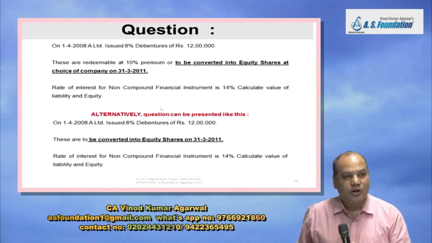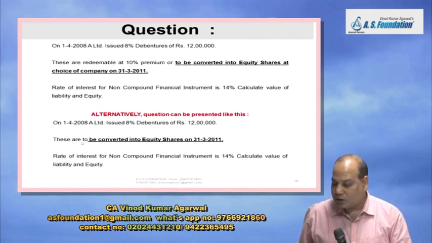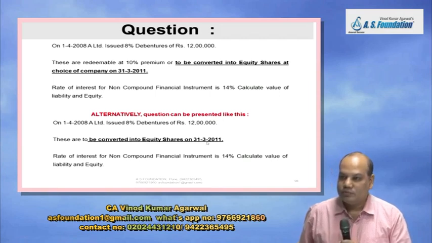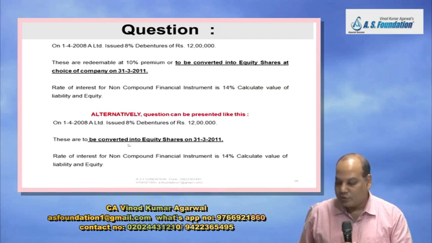Alternatively, the same question in another exam was asked like this. Same problem, so we will not solve two times. On 1/4/2008, A Limited issued 8% debenture of 12 lakh, and these are mandatorily convertible into equity share on 31st March 2011. So instead of convertible at the choice of company, the question can say mandatorily convertible.